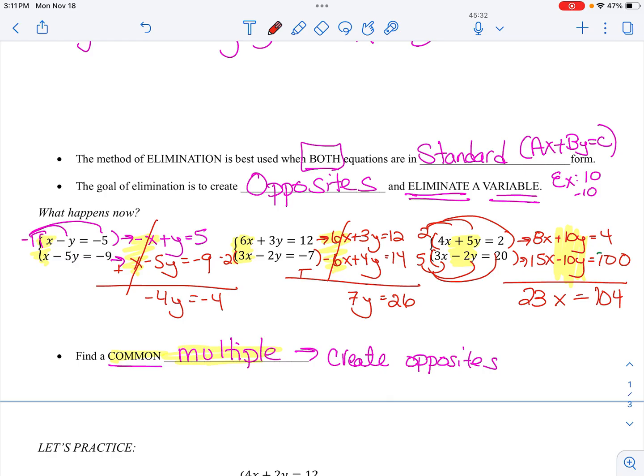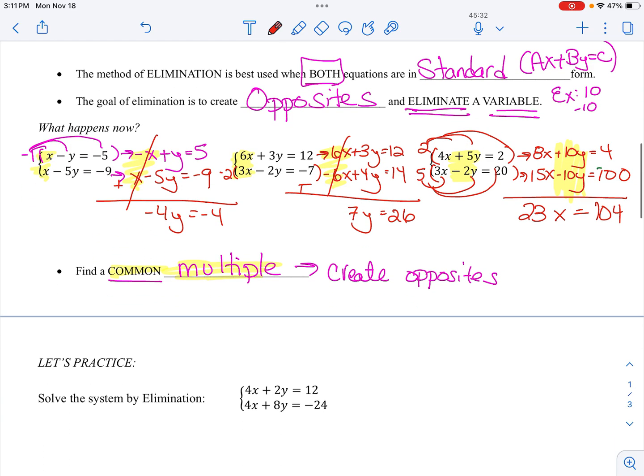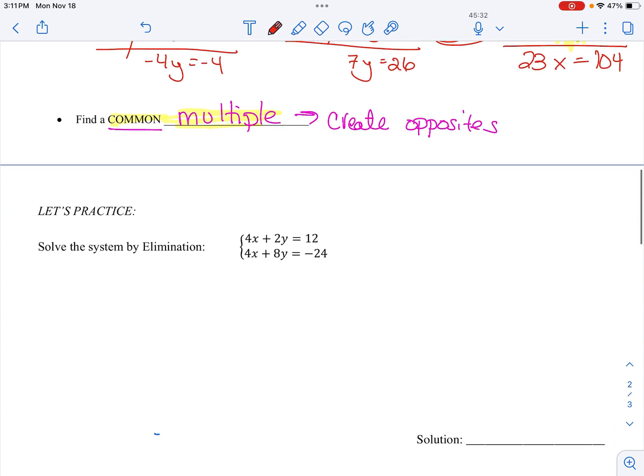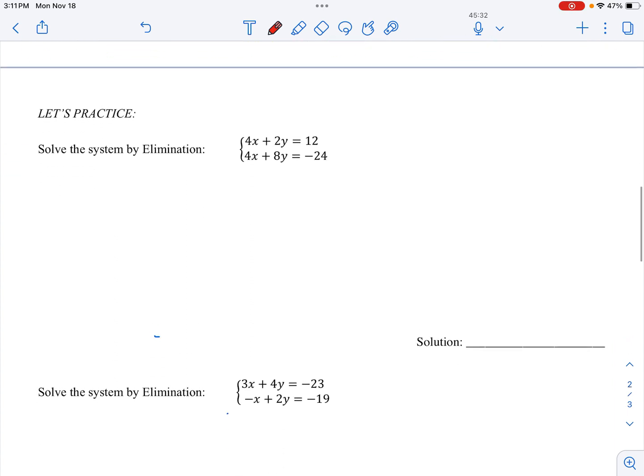My hope is that that makes sense. Elimination means that we want to stack them on top of each other, create opposites, and then add down. So here we go. This one says to solve by elimination, which means I want to eliminate. So the first thing I do is I look, 4 and 4 are not opposites, 2 and 8 are not opposites.